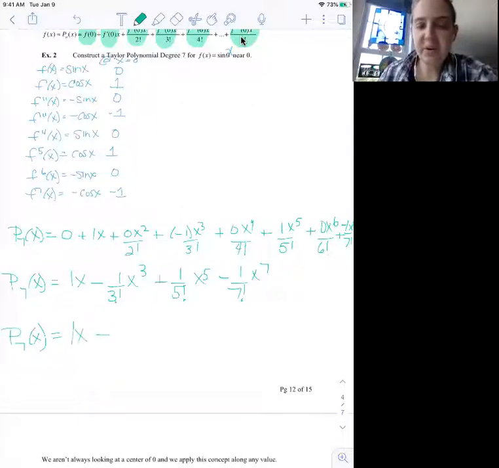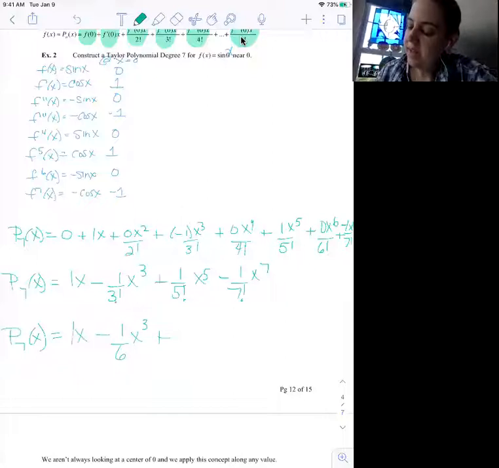Remember, 3 factorial means 3 times 2 times 1. So that's pretty easy by hand, 1/6 x cubed. 5 factorial is 5 times 4 times 3 times 2 times 1. So 5 times 4 is 20, times 3 is 60, times 2 is 120, times 1 is still 120. So plus 1 over 120, x to the 5th.